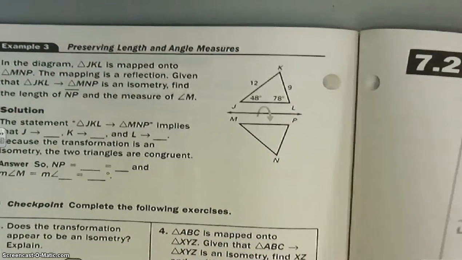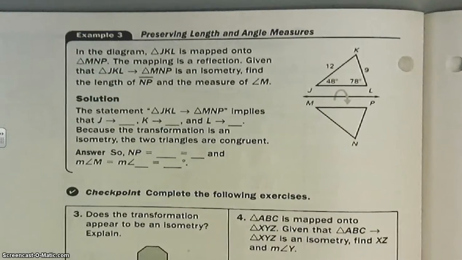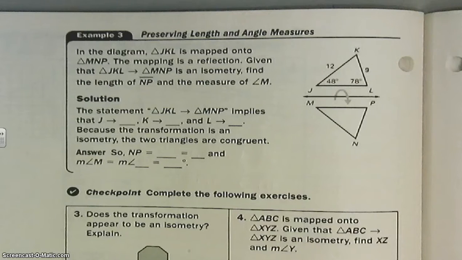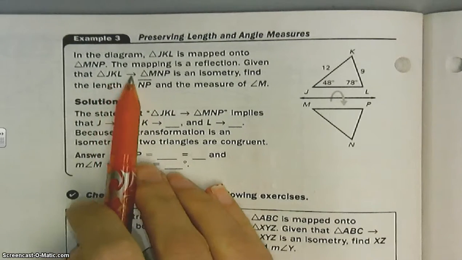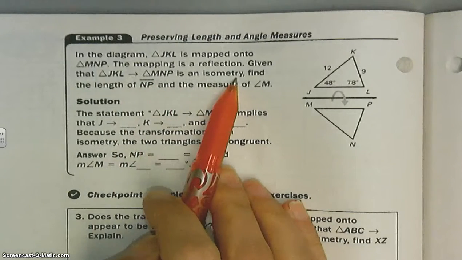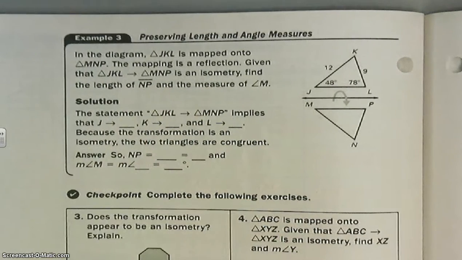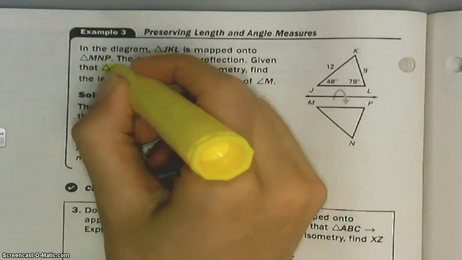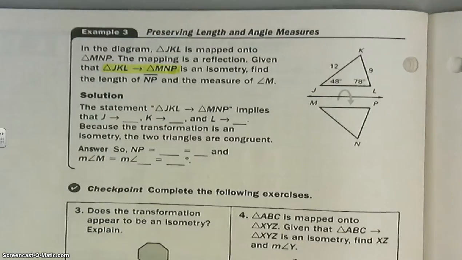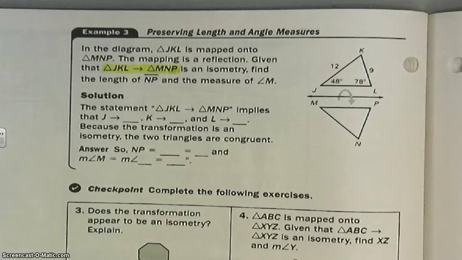In the diagram, triangle JKL is mapped onto triangle MNP. The mapping is a reflection. Given that triangle JKL going onto triangle MNP is an isometry, find NP and angle M. All right, this right here tells you everything you need to know. It's like your congruent statement. It tells you what went onto what.